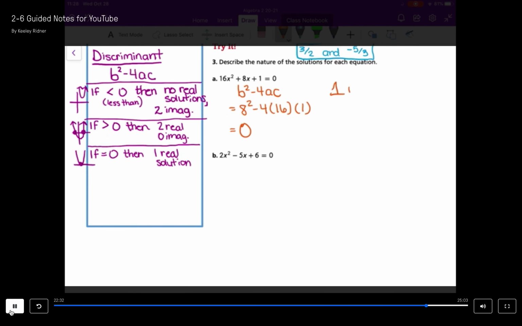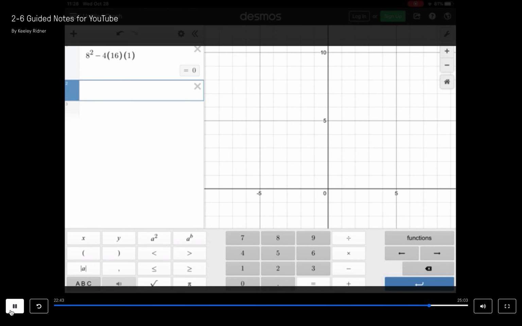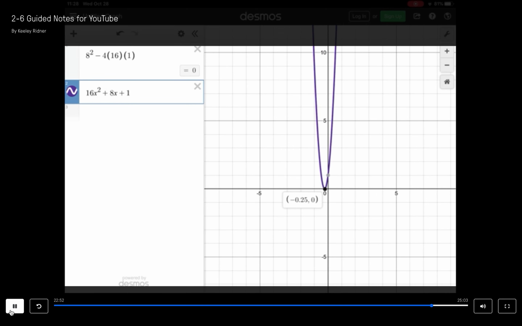So that means it has 1 real solution. Here's what that looks like graphed. Notice 1 real solution at -1/4.